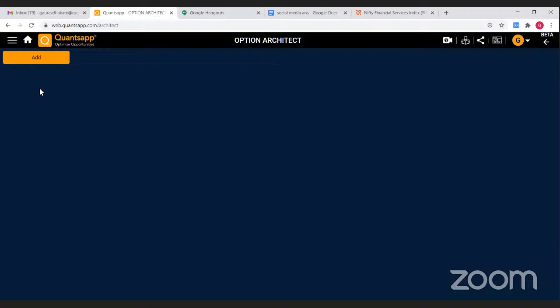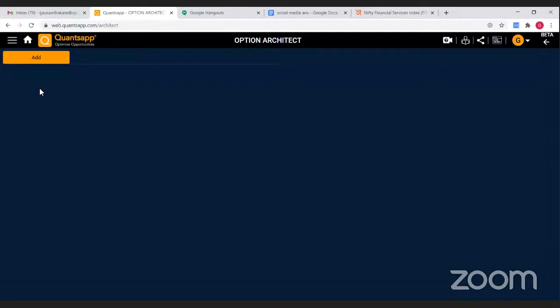Suppose you want to see what the payoff of a strategy will be like. Making your strategies would be very difficult, and calculating their payoff is very hectic at many times. Calculating payoff at different stages would be more difficult.